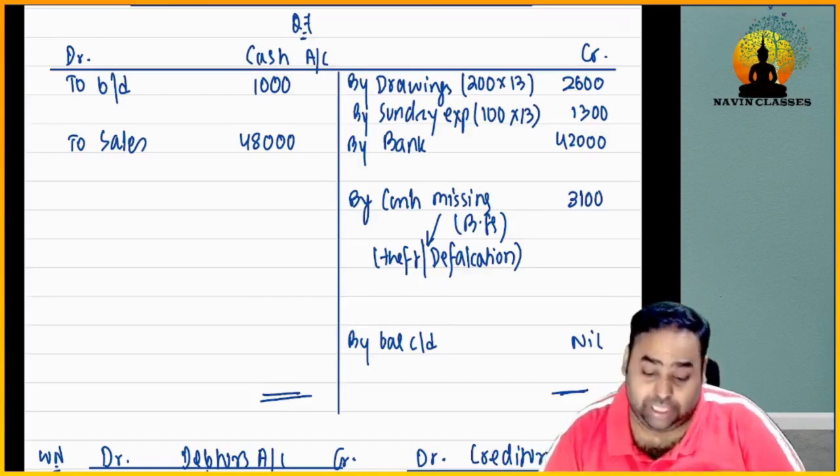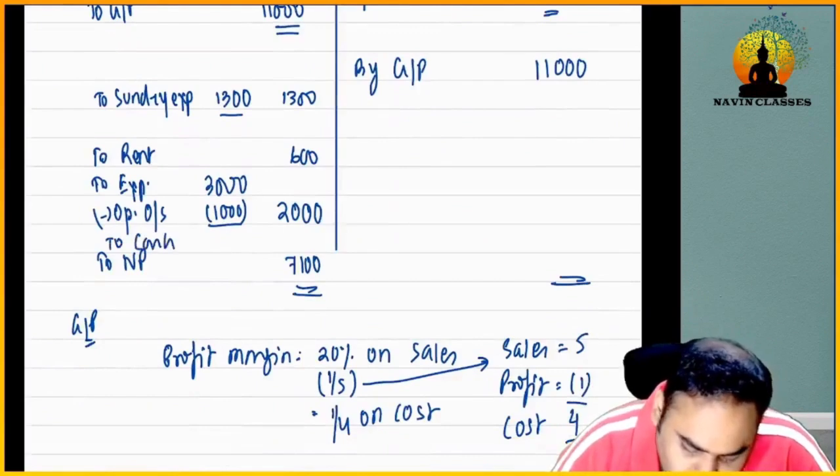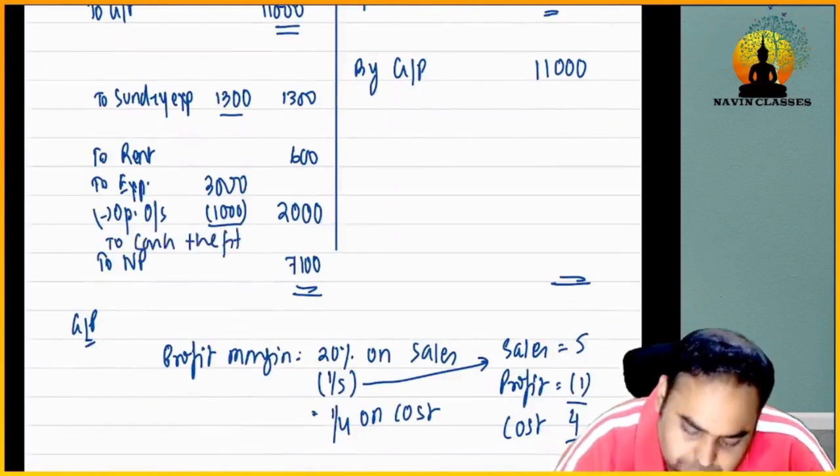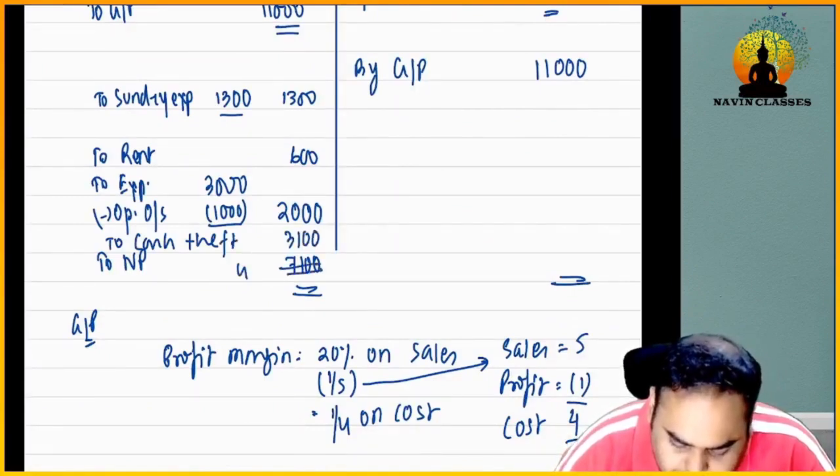This will be recorded in the P&L on the debit side, to cash theft. Record this to the P&L. 3,100. Profit will be 4,000.